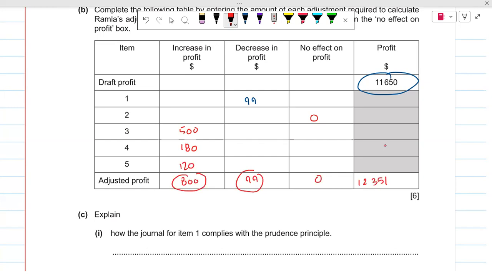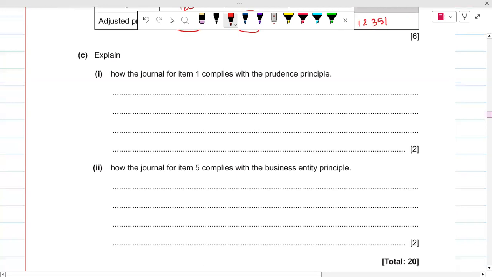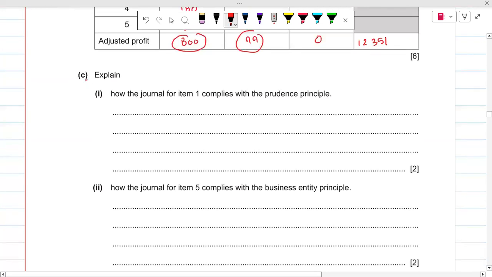Okay, so I think we have the last question. In part C, explain how the journal entry of item 1 complies with the prudence principle. So basically, item 1 was about the bad debts or irrecoverable debts.